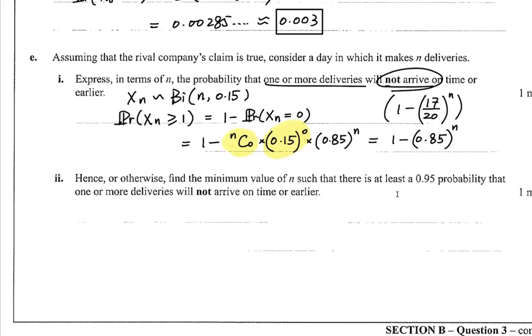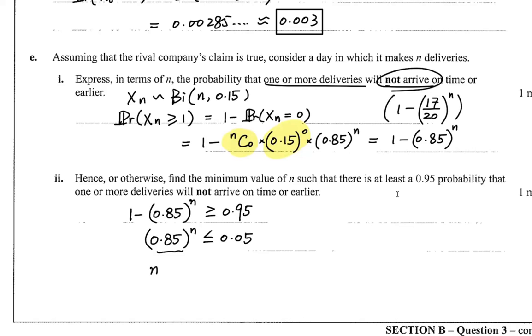Okay, hence or otherwise, find the minimum value of n such that there is at least a 0.95 probability. Okay, so the above expression, 1 minus 0.85 to the power of n, is greater than or equal to 0.95. That means 0.85 to the power of n is smaller than or equal to 0.05. A fraction raised to the power, when the power is getting larger and larger, the whole exponential will be smaller and smaller.